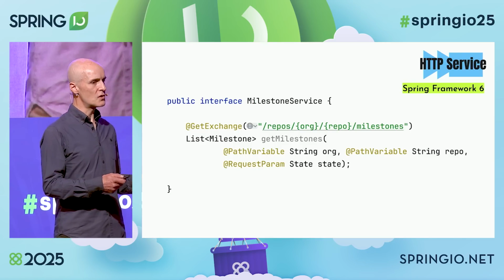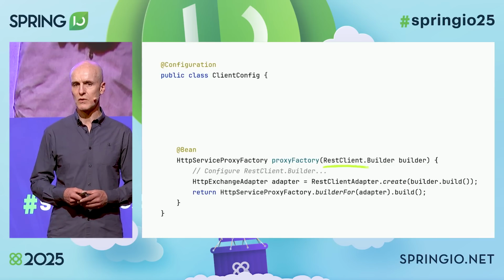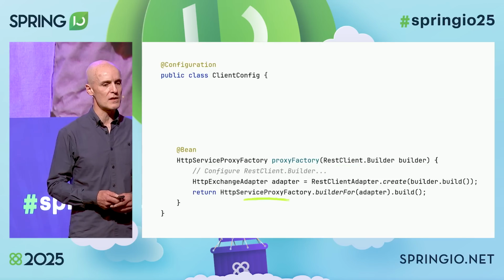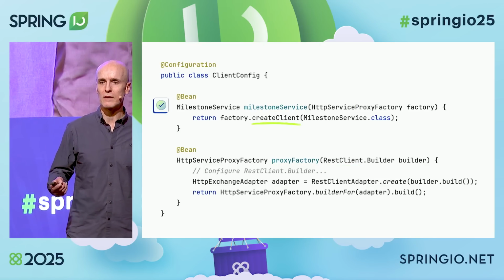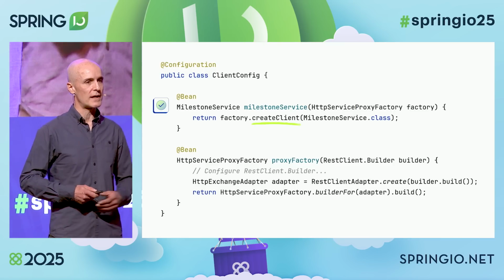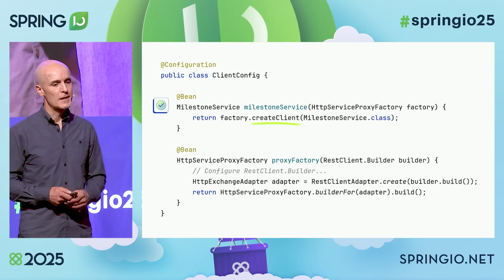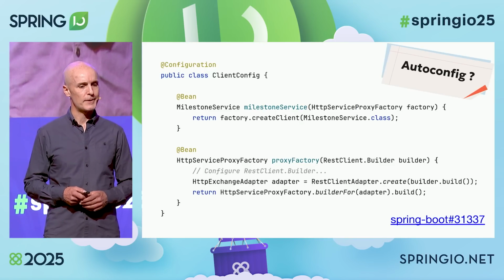And all that you need to do from here is to configure the client that should be used, because we still need to use a client underneath. And then you create a proxy factory, and now you're ready to pass an interface and get a proxy out of that, and that automates the entire HTTP exchange. So this is really great and actually a pleasure to use.